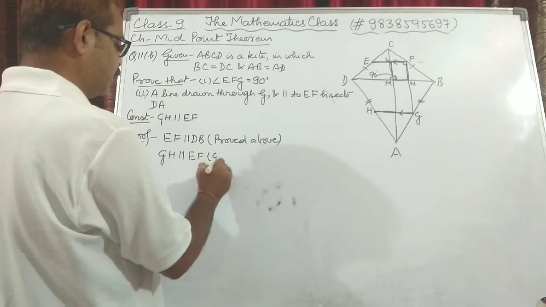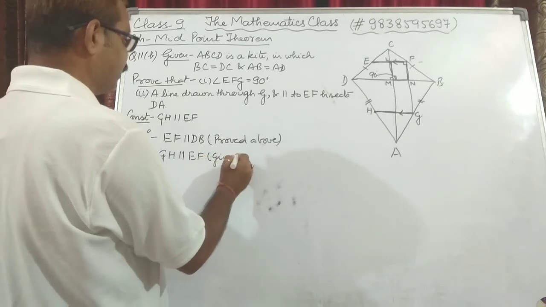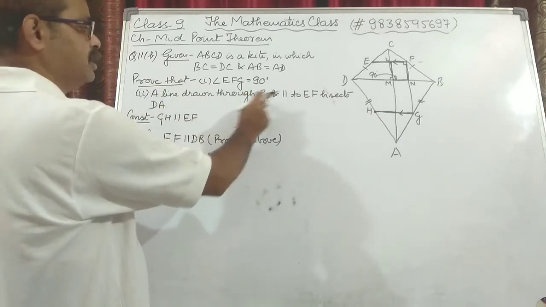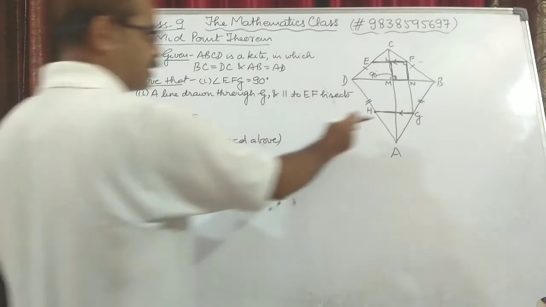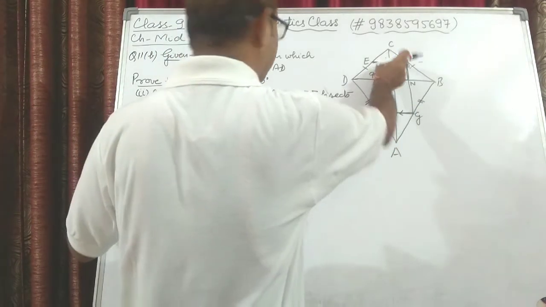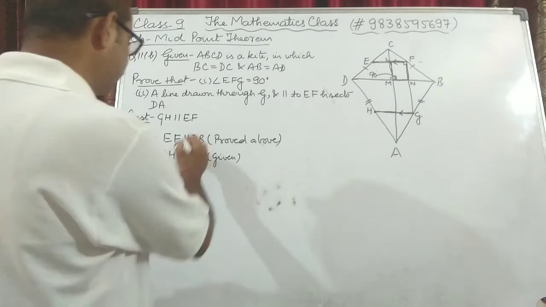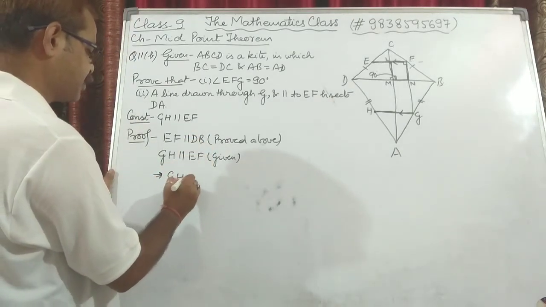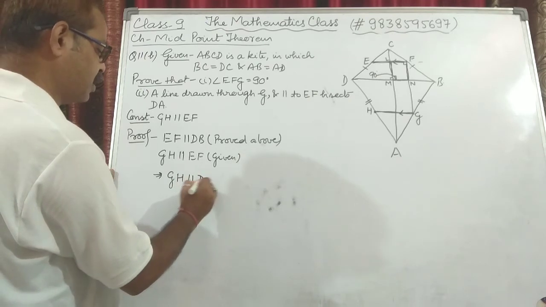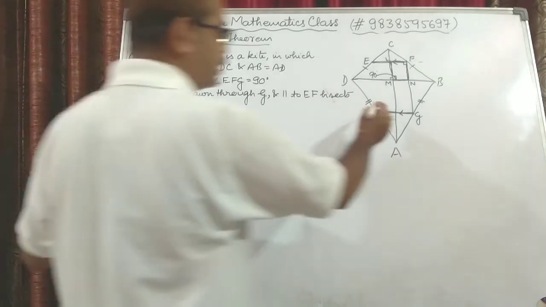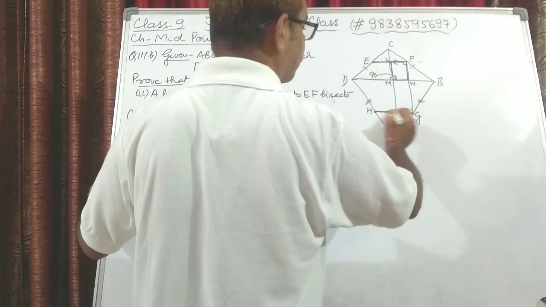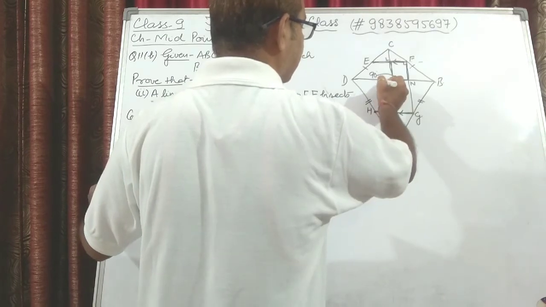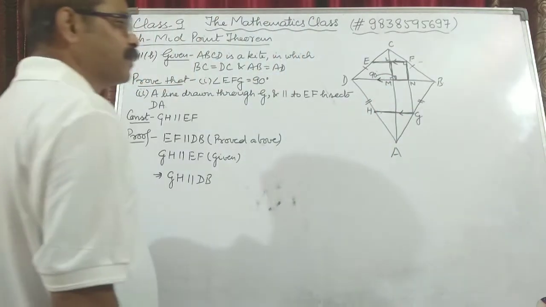This is given in the second part. They say a line drawn through G parallel to EF. They have said that GH is drawn parallel to EF. So from these two we can say that GH is parallel to DB. It means this GH is also parallel to DB.